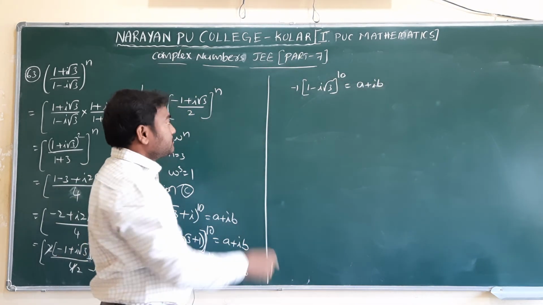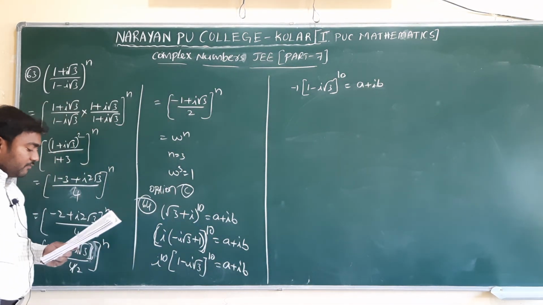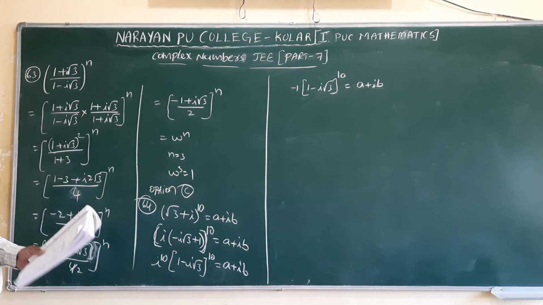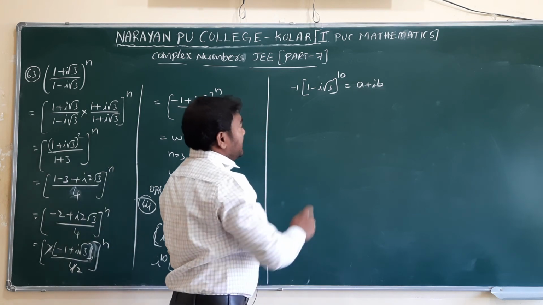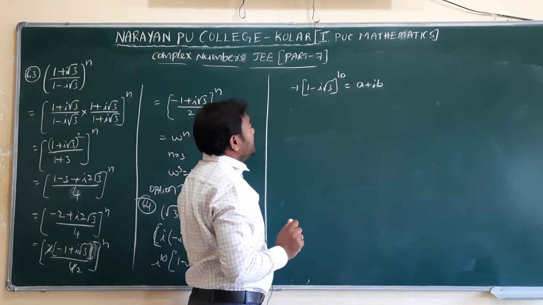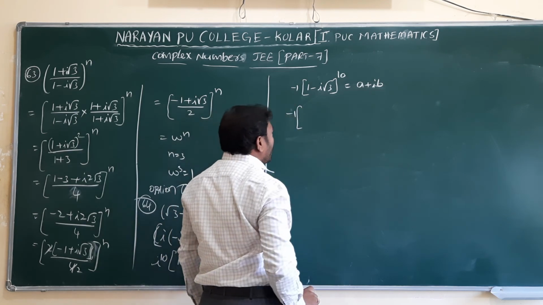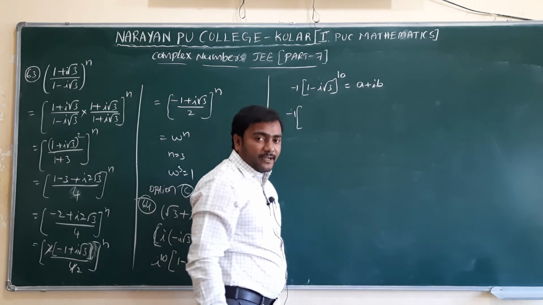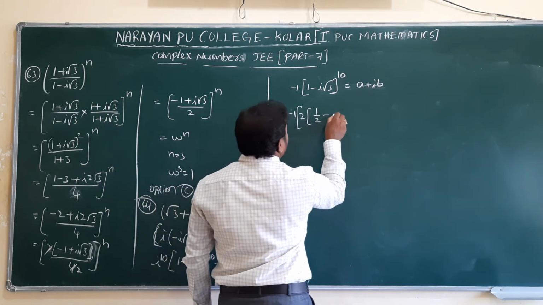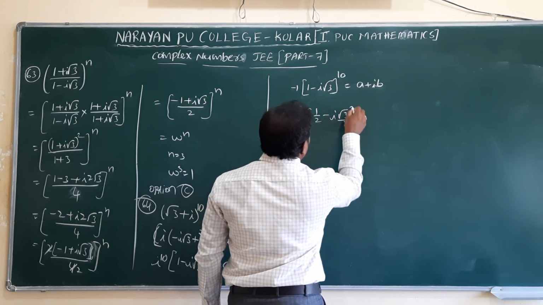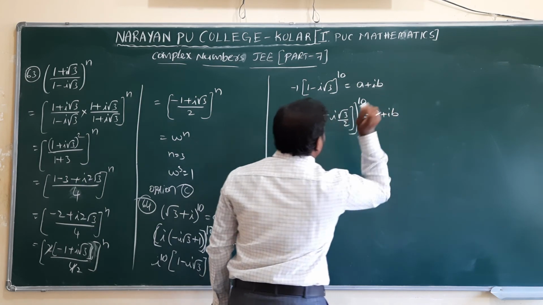Now here, to find the value of a + ib, we have minus 1 whole power 10, and now I apply the modulus here. Here we divide and multiply by 2, so 2 into (1 by 2 − i√3 by 2) whole power 10 is equal to a + ib.